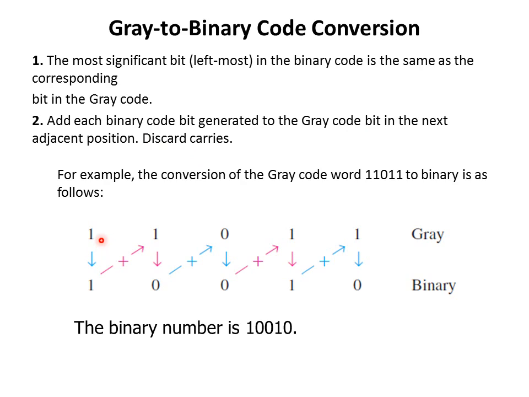For example, this is a Gray code. This bit is added to the next Gray code bit and it becomes 0, and this 0 is added to the next Gray code bit and this becomes 0. In this way the process goes on. Now if the Gray code is 11011, the binary code is 10010.